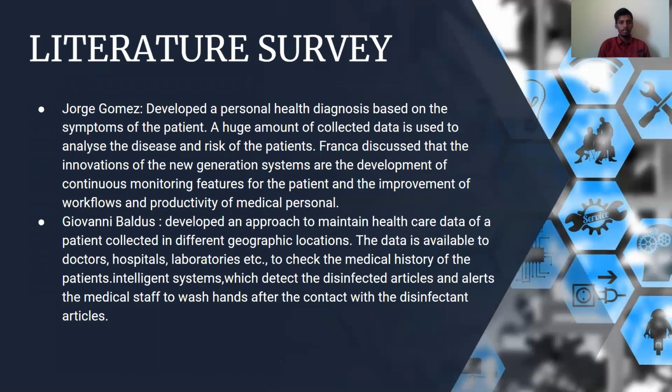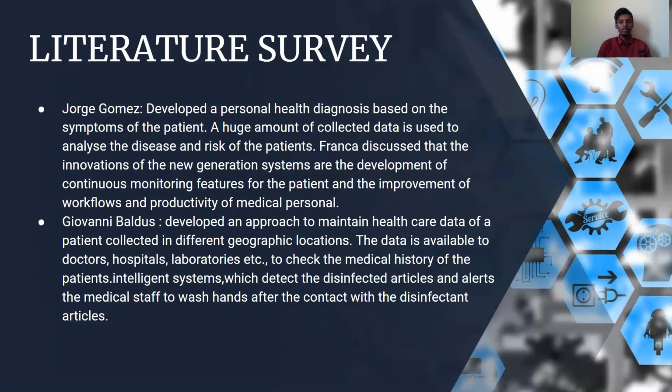Coming to the literature survey, the first one was health and diagnosis based on symptoms of the patient. He was checking the symptoms of the patient, and he used to collect and analyze the disease, and then accordingly treat the patients.